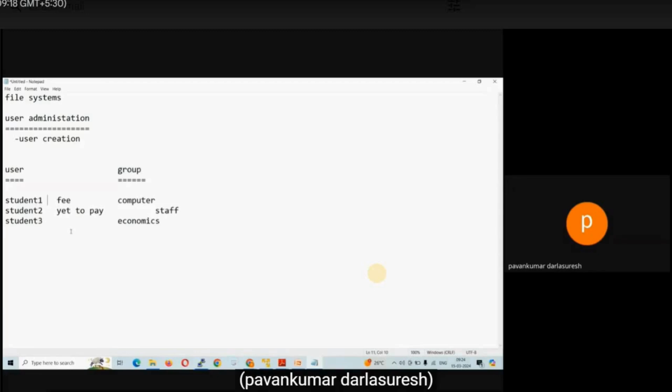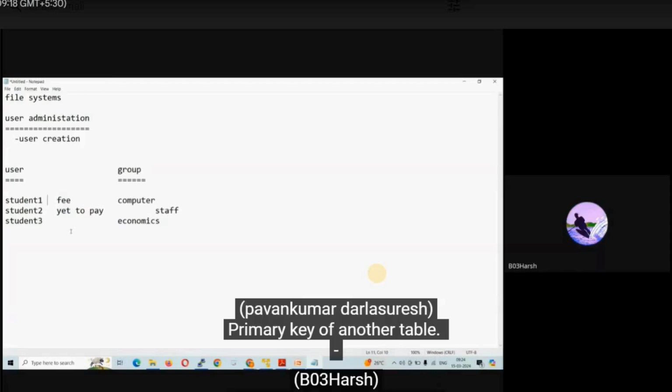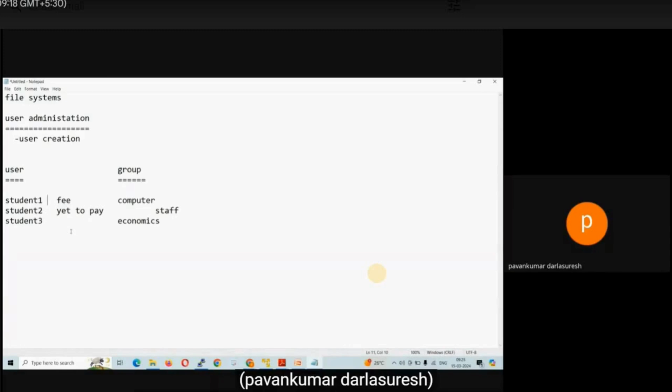There are some cases where the IDs will be the same. Do you remember the foreign key, right? What is a foreign key? The primary key of another table. In real-time scenarios, for example, there is a server room, and they created only one ID card for it, not allocating any other ID card.